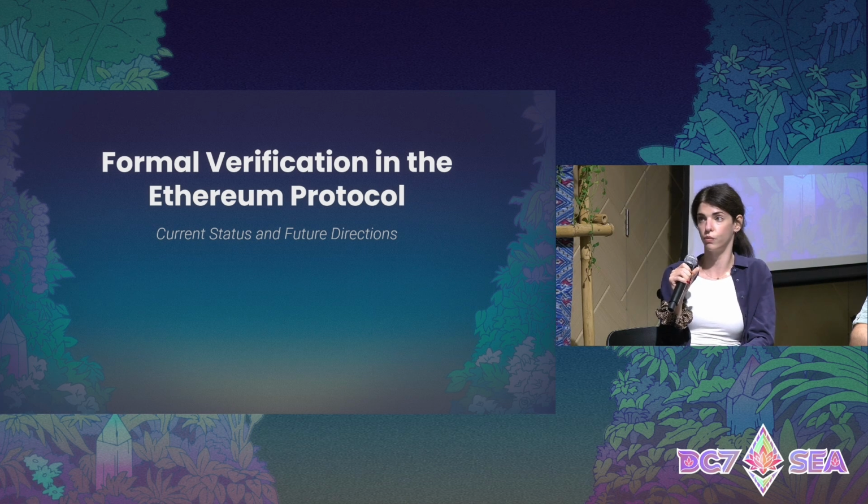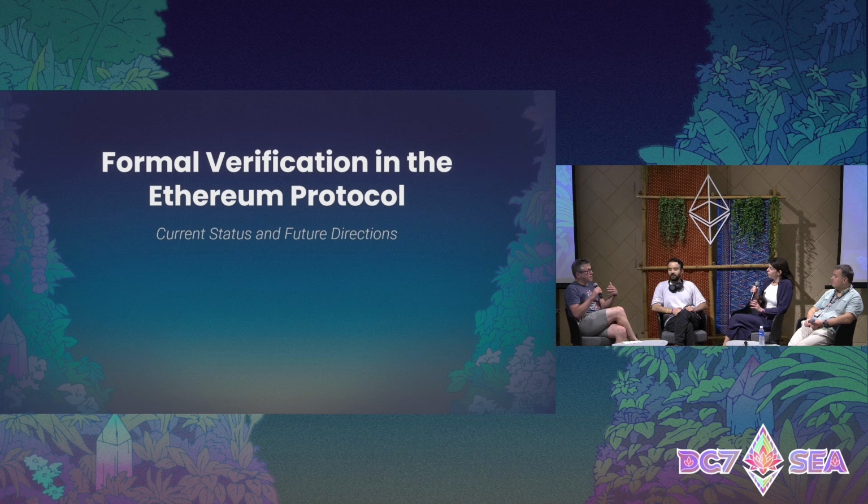I think this will be quite important for people who haven't heard about formal verification before, to start adopting it, build a mental model for it, and be convinced that it's something useful. So really, Ethereum has made a really good start so far.